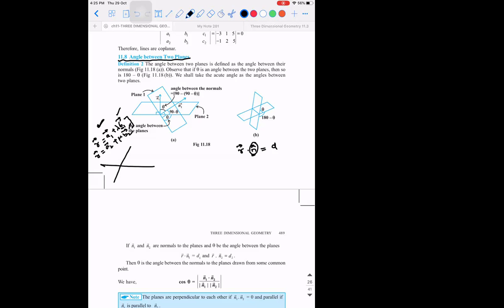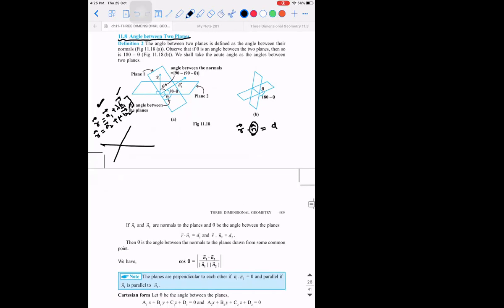Am I clear? So listen, if the planes are given in such a way that r vector dot n1 vector is equal to d1, here n1 is a normal vector, it's not a unit normal vector. They have given the normal vector. So d1 doesn't mean it's the perpendicular distance from origin. Have that in your mind. Similarly, r vector dot n2 vector is equal to d2.